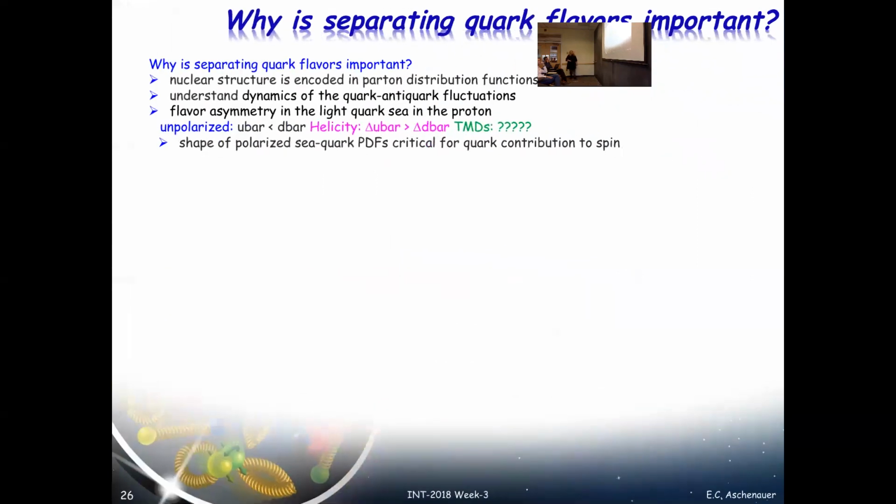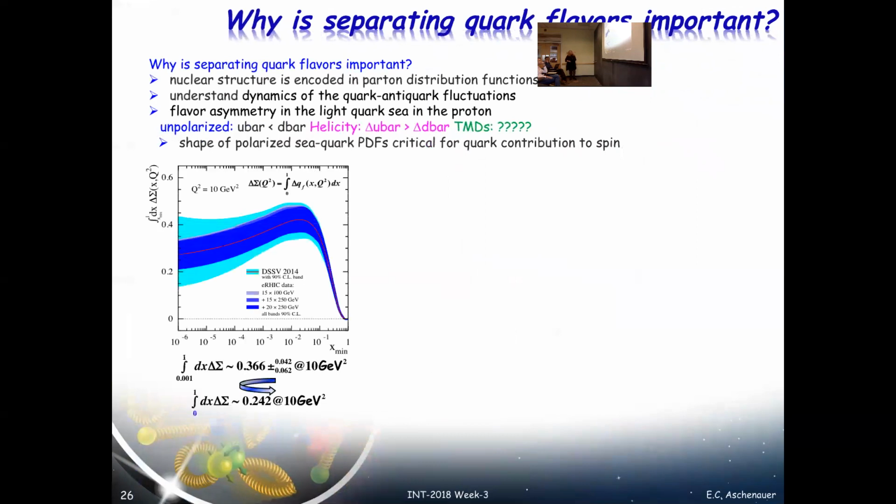So why is separating flavors important? I gave some of the arguments, and one of them for sure is we want to see what the imbalance between u bar and d bar is, and strangeness.